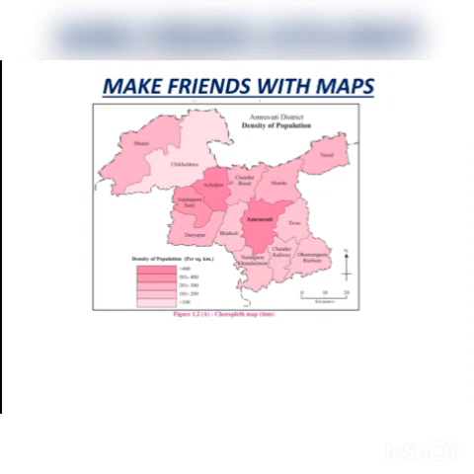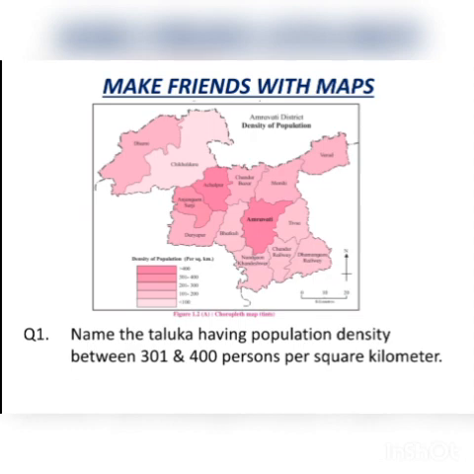It is figure 1.2, a choropleth map with tints, given on page number 2 and 3. The first question is, name the taluka having population density between 301 and 400 persons per square kilometer. First we need to see the index.